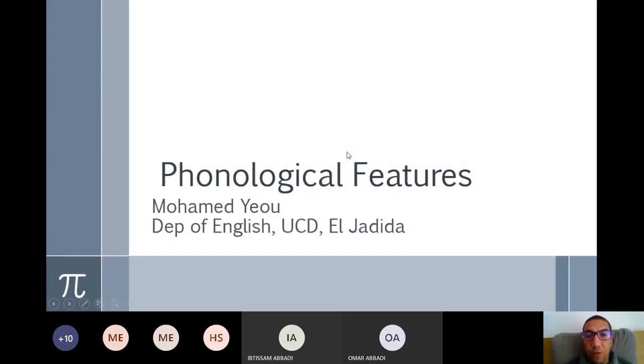We will review phonological features and do some exercises on phonological features. And then the next class will be on phonological processes.